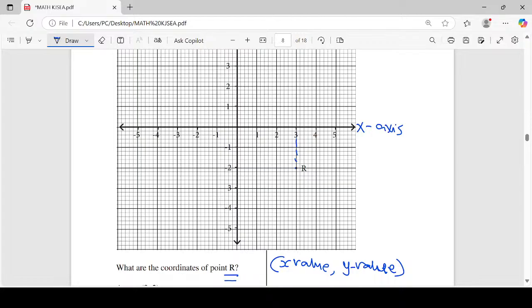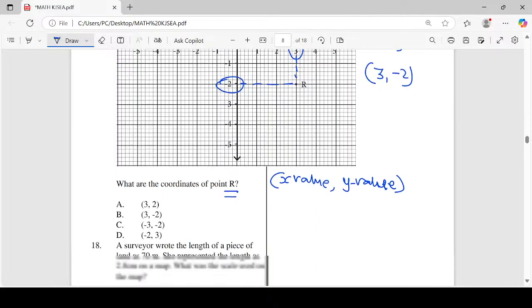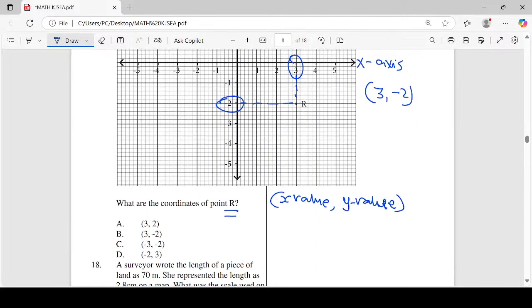I'm getting 3. Then I read the corresponding value on the y-axis, I'm getting -2. Those become the coordinates of the point R: 3, -2. I'll come look at my choices.